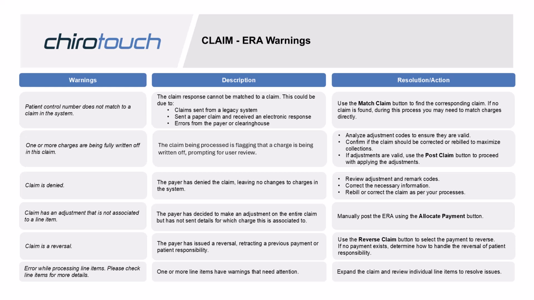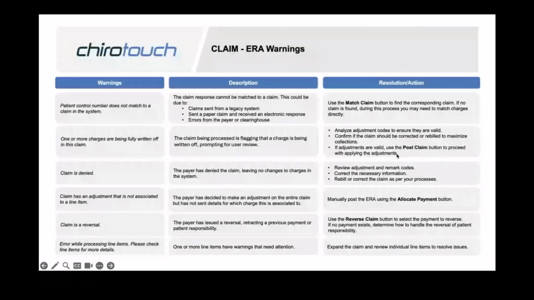If the adjustments are valid and you just want to post it, for instance, you might have insurance that has a per diem amount, and you just know that this is going to be written off. We are going to be implementing as of tomorrow, so a sneak peek to tomorrow's release, where you can actually post the claim to proceed with applying those adjustments. So let me show you that one.